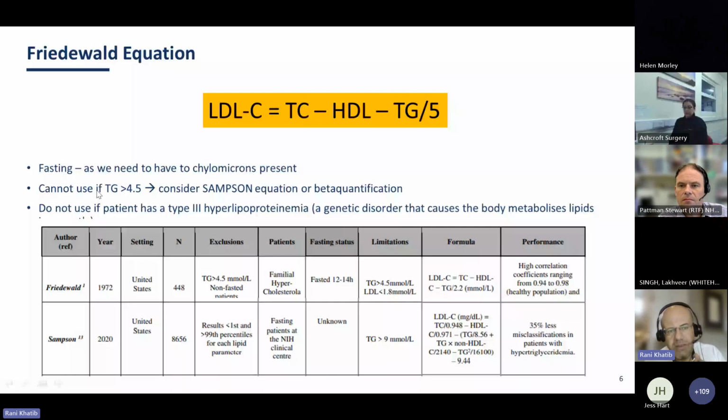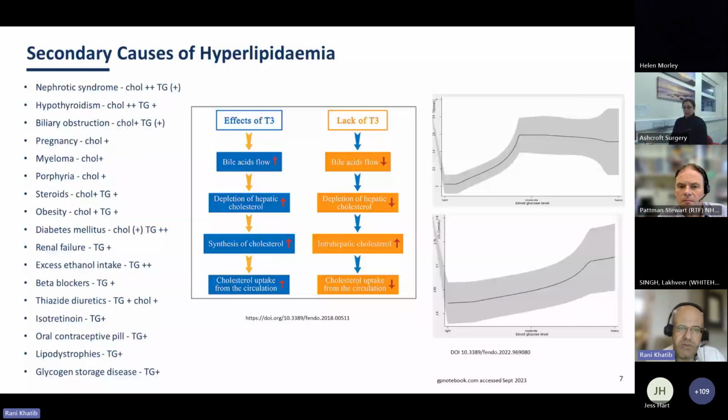Now, another thing that the pathway is talking about is excluding secondary causes of hyperlipidemia. There are too many causes. I'm not going to go through all of them. The two most important ones, which can be excluded easily when you see your patient, and I highly recommend them, number one is the thyroid function. Whenever you assess your patient for hyperlipidemia, always assess the thyroid function, because if patients do have hypothyroidism, they're likely to have elevated triglycerides, but more so cholesterol.